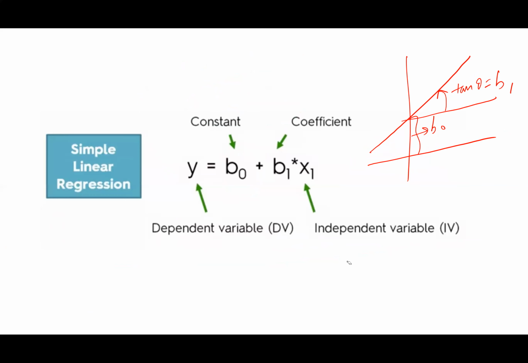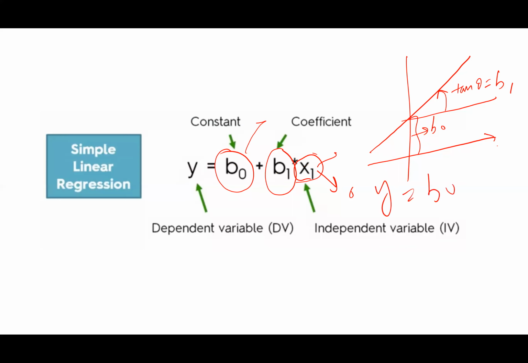How tilted this line is, is told by the b1 constant, which is called the coefficient. The coefficient tells me how much y changes per unit change in x1, and b naught tells me the bias, or the default offset. When my x1 is equal to 0, y is equal to b naught.